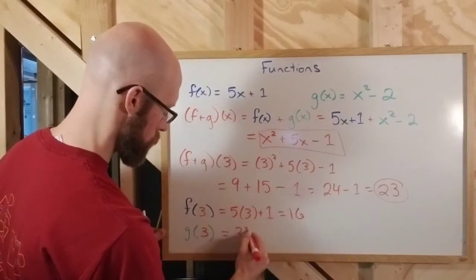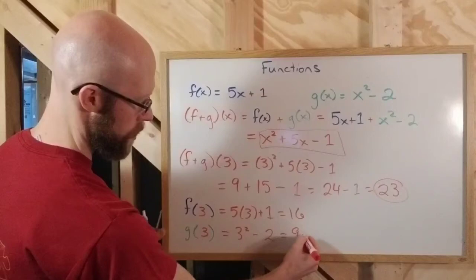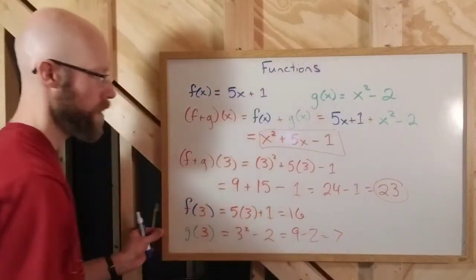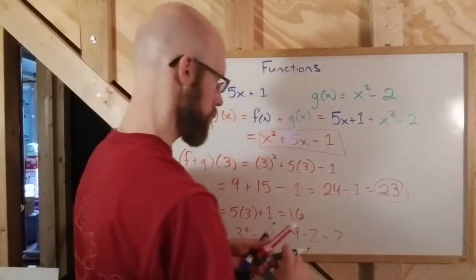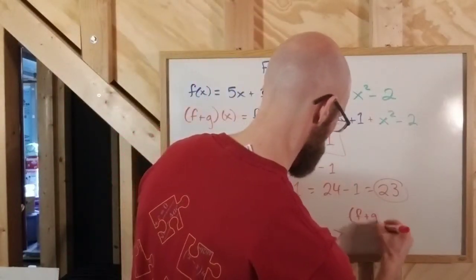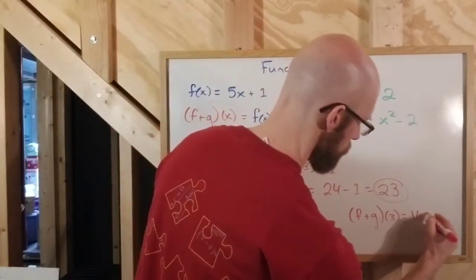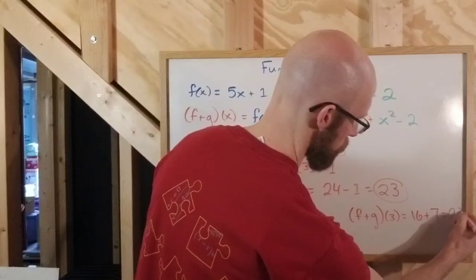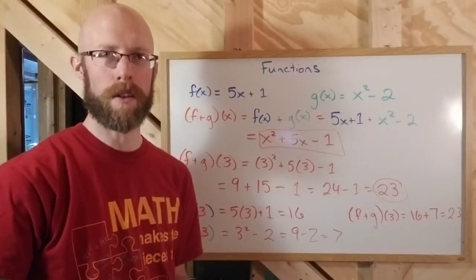So 3 squared minus 2. Well, 3 squared is 9. 9 minus 2 is 7. And then from there, you could add those 2 results. So f plus g of 3 would be the 16 plus the 7, which is 23. Okay, same answer, different way of going about it. All right.